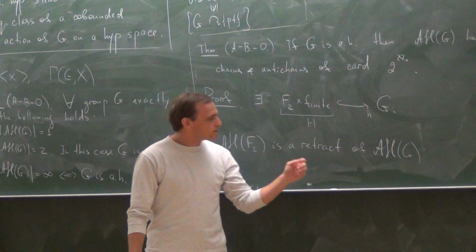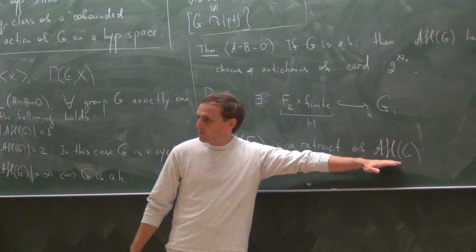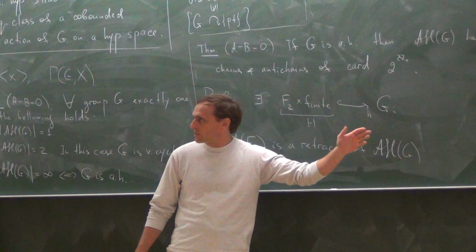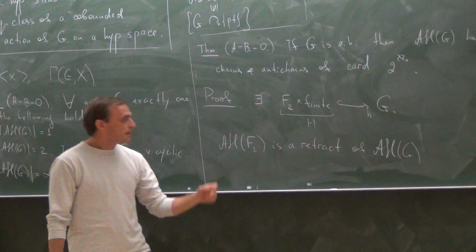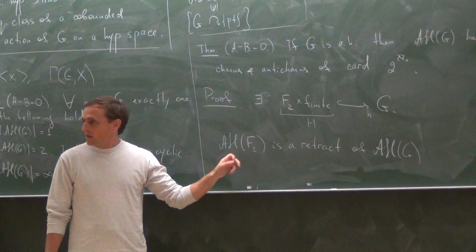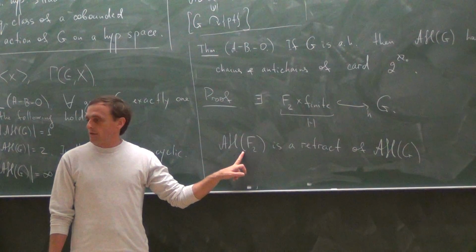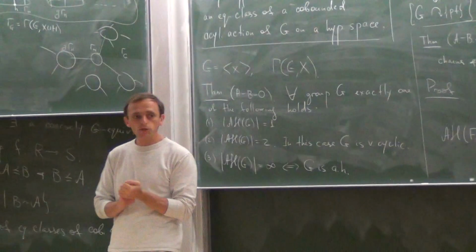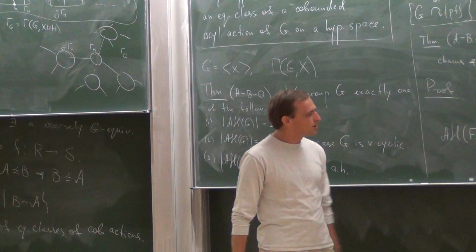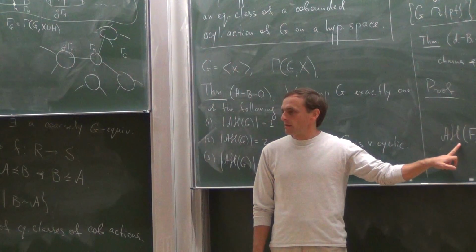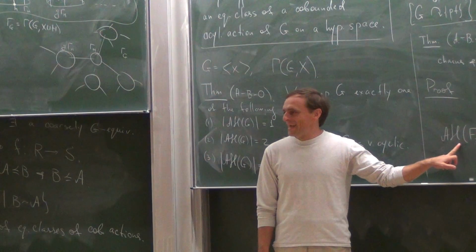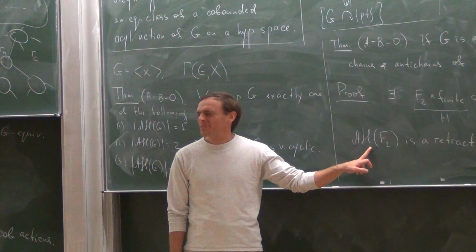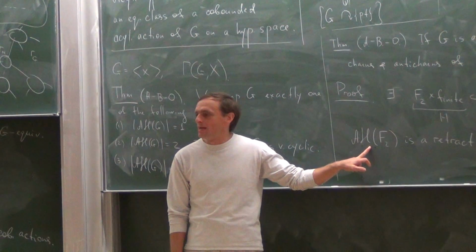Now, it's a retract of this partially ordered set, and all maps are order preserving. So if you want to prove that this partially ordered set is sufficiently complicated, it's enough to prove that AH(F2) is sufficiently complicated, but this is much easier to analyze. We use an idea which goes back to the paper of Ilya Popovich, who proved, in modern terms, that this set contains three elements.